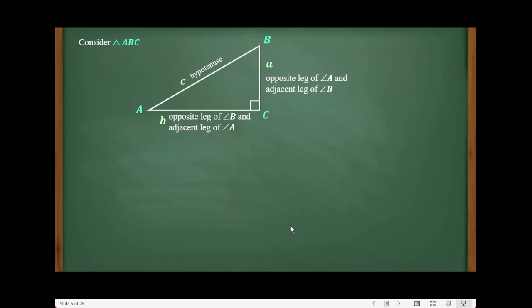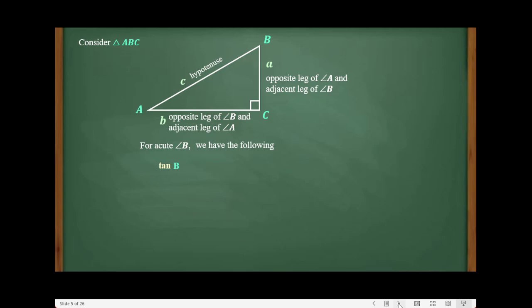For our next slide, let us now define the next two trigonometric ratios in reference to angle B. So for acute angle B, we have the following.